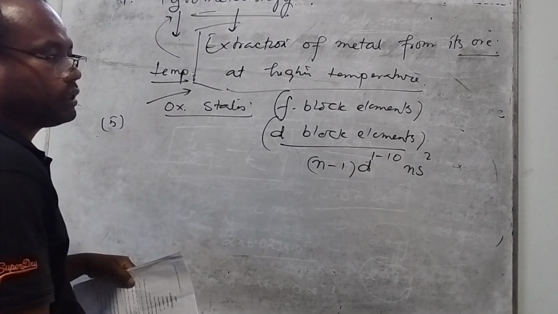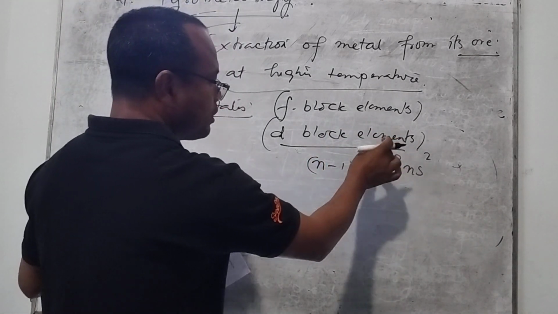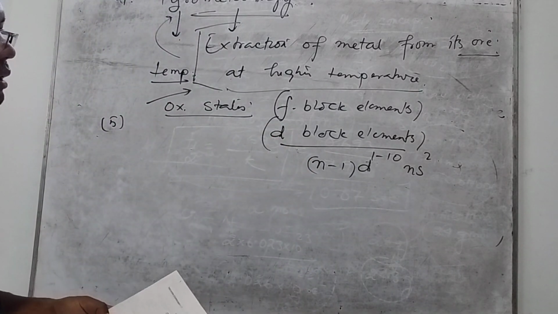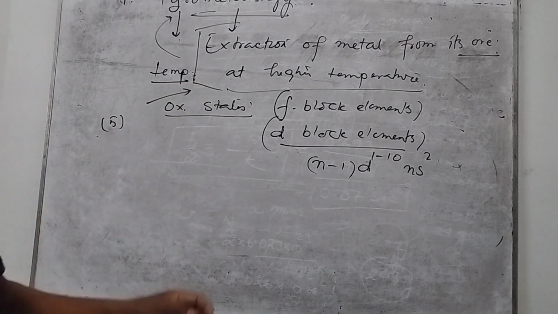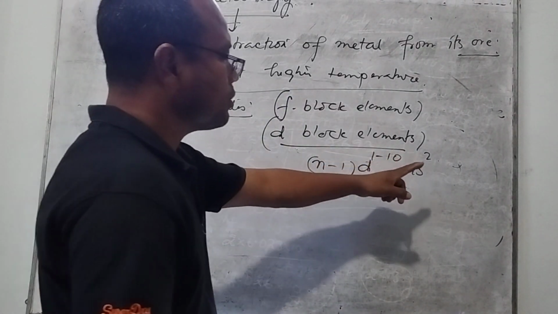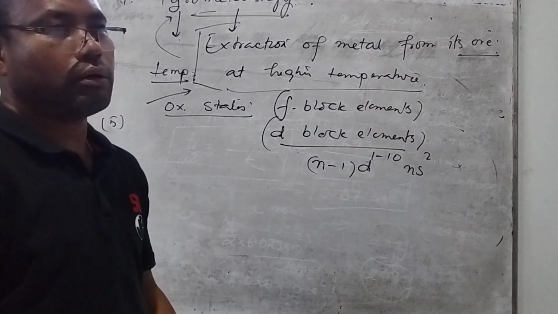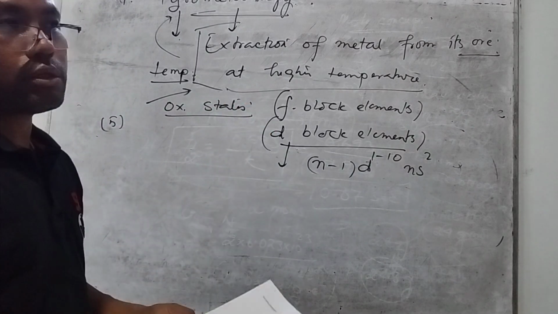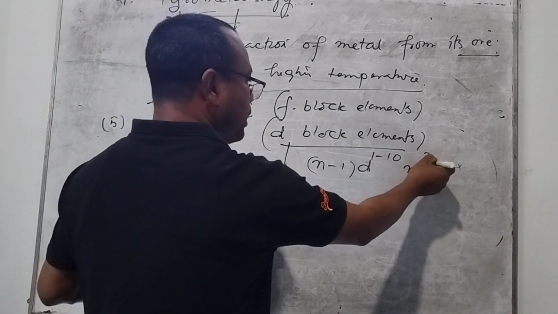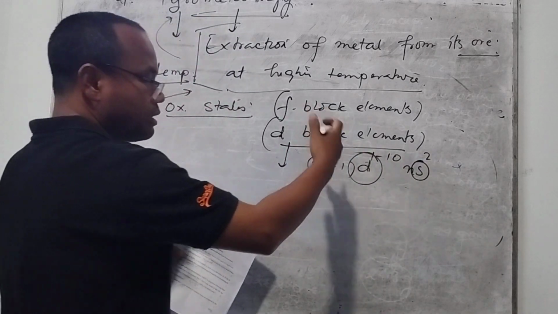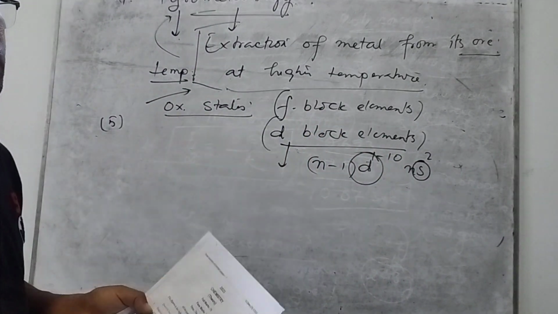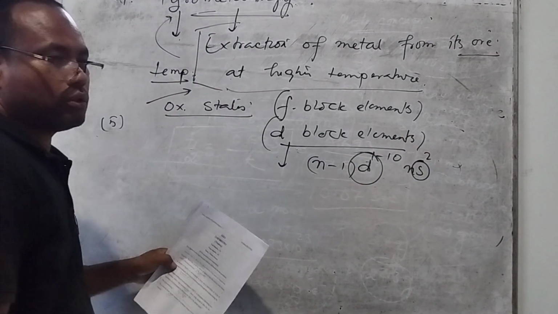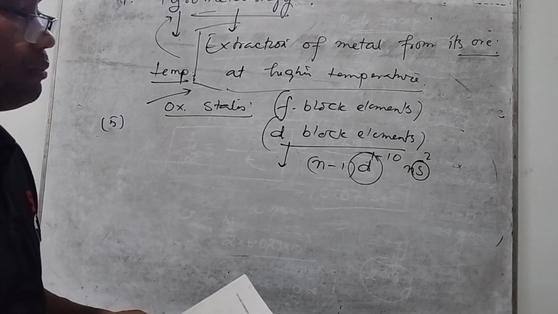If the energy difference between the D and S orbitals is larger, these electrons cannot be contributed in the formation of the bond. D block elements show variable oxidation states because the S orbital and D orbital energies are comparatively very close. Therefore all these electrons are contributed in the formation of the bond.